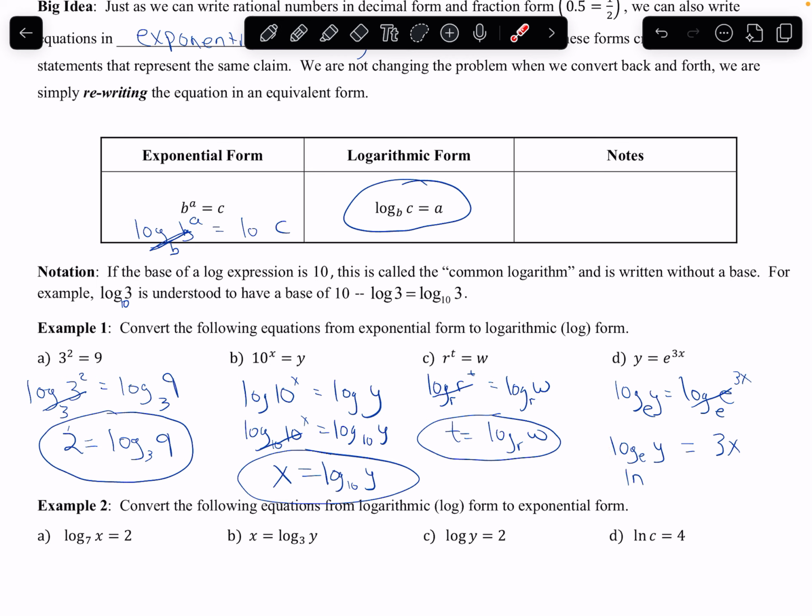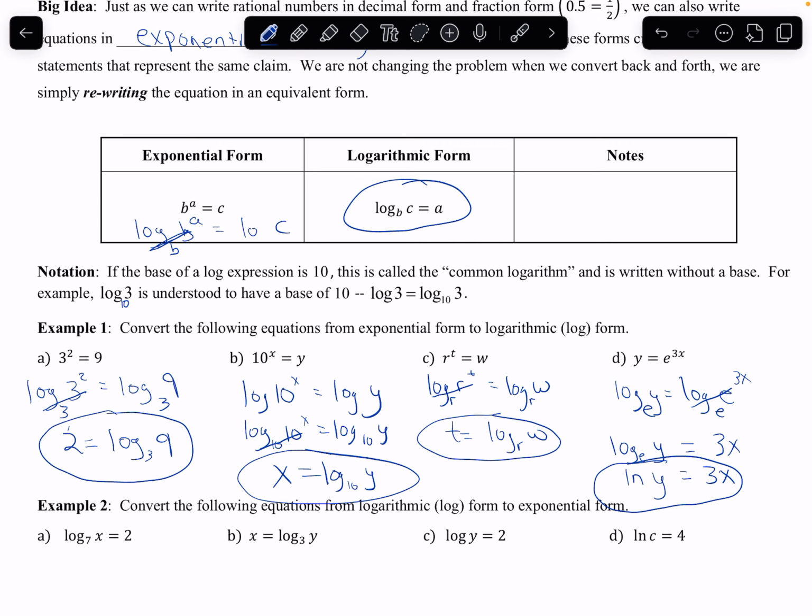They're the same thing. Log base e is the natural log. So I'm going to replace it with ln. Natural log y equals 3x. And there you go. You rewrote it as a logarithm.